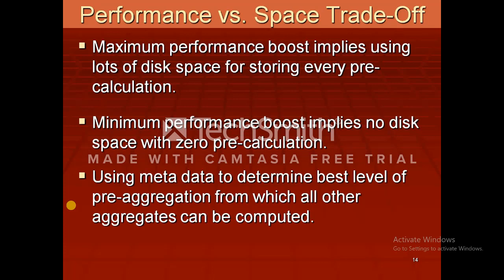The sales of products on a weekly basis is less detailed information. The sales of products on a monthly basis is even less detailed information. And the sales of products on a quarterly basis is also less detailed information. So it depends upon your company's policy how much coarser granularity you want to store inside your data warehouse.